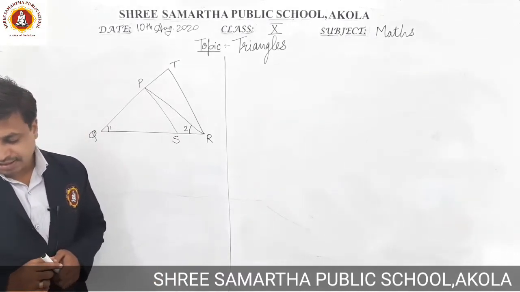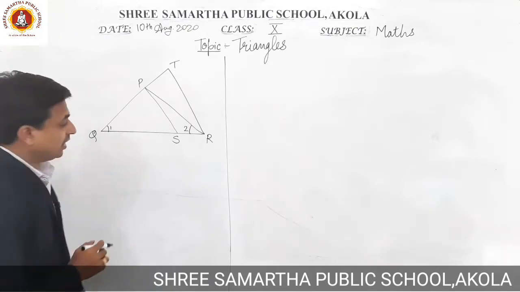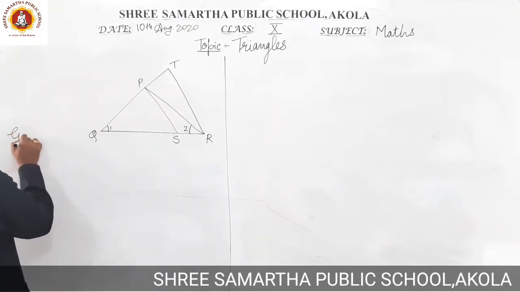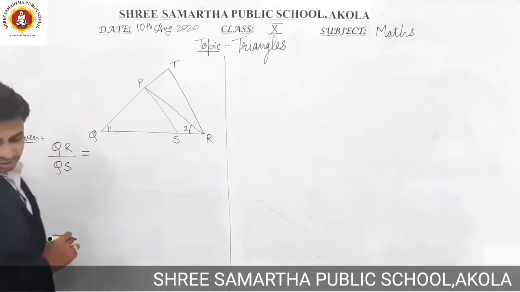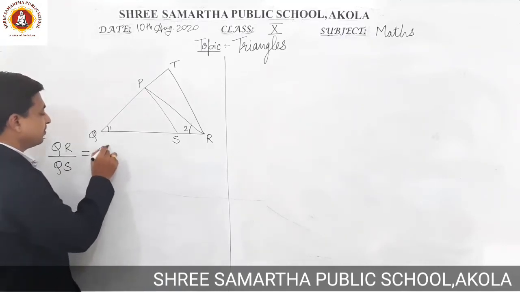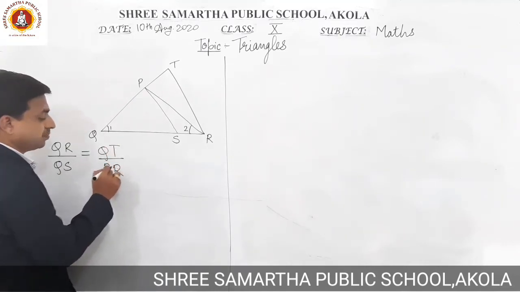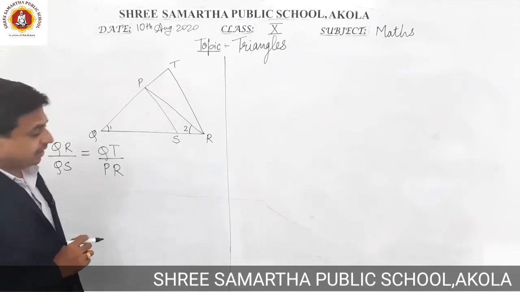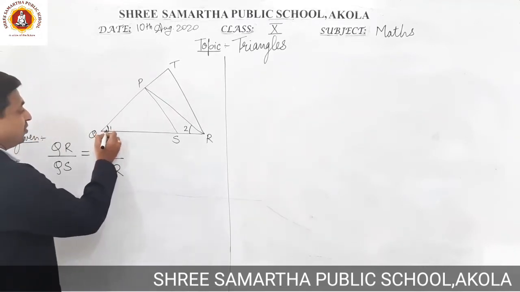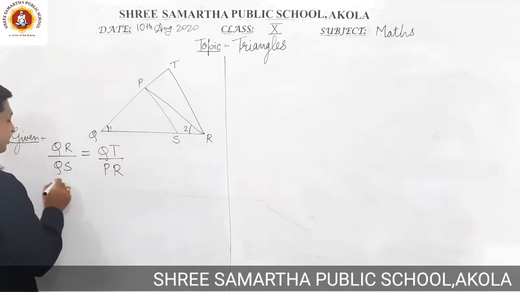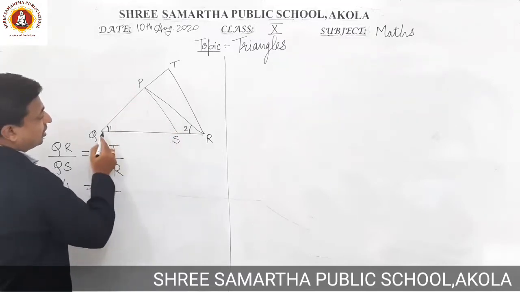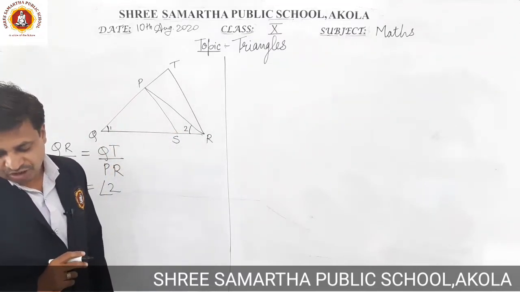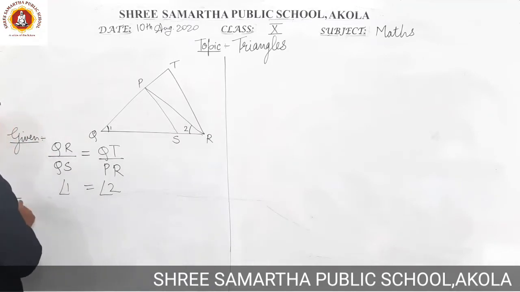In the figure, QR by QS is equal to QT by PR, and angle 1, this is angle 1 that we have shown here, angle PQR, is equal to angle 2, that is PRQ. These two angles are equal. Show that, means to prove.